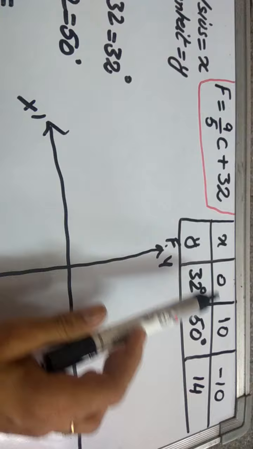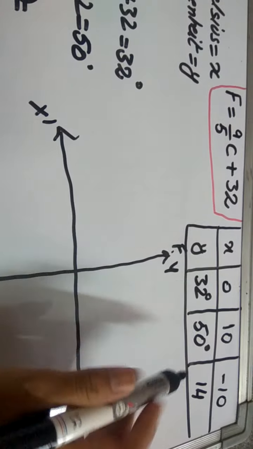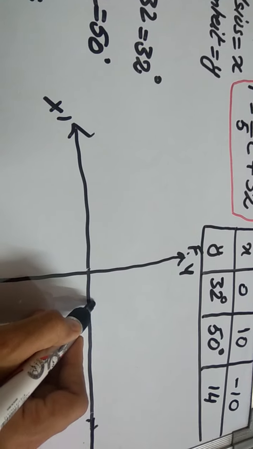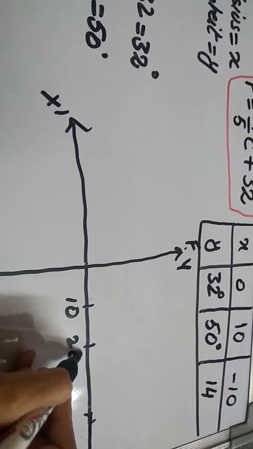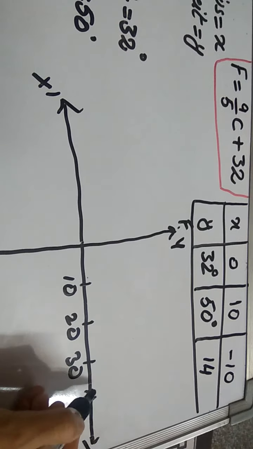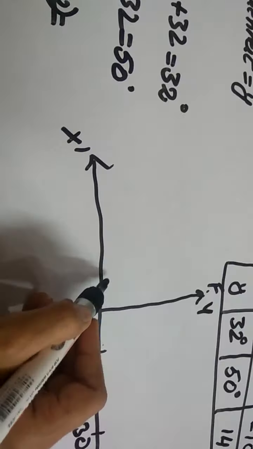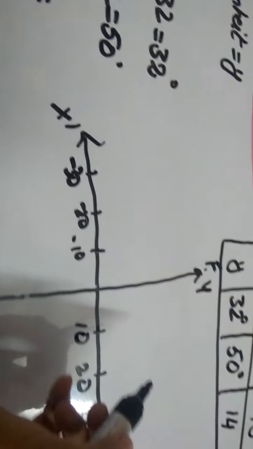So dear students, let us mark. For x, maximum 10 and minus 10 are required, so we'll take multiples of 10. This is 0, this is 10, this is 20, this is 30, this is 40, this is 50. So in this way take the multiples of 10. Minus 10, minus 20, minus 30. You can extend also.